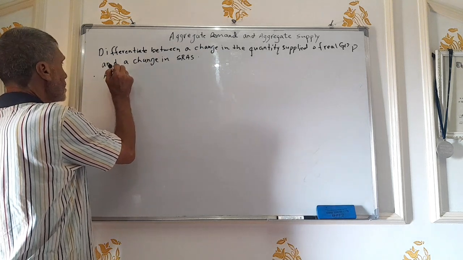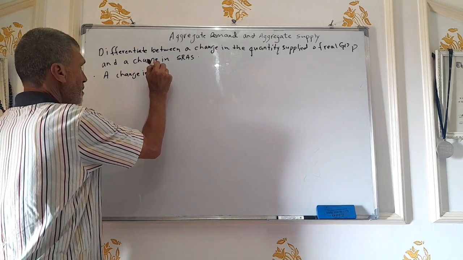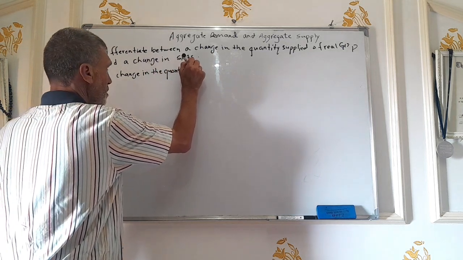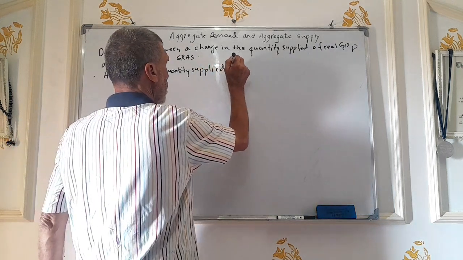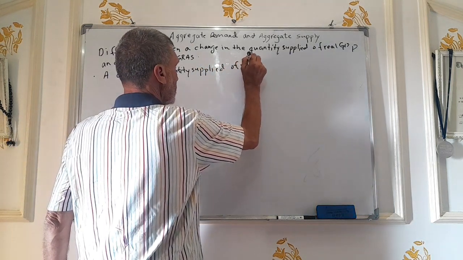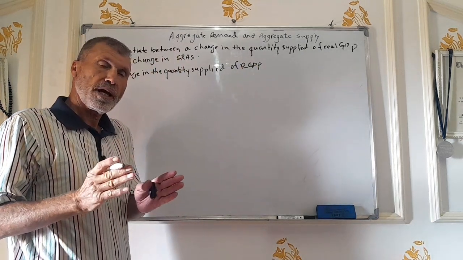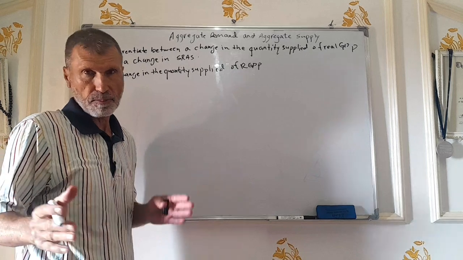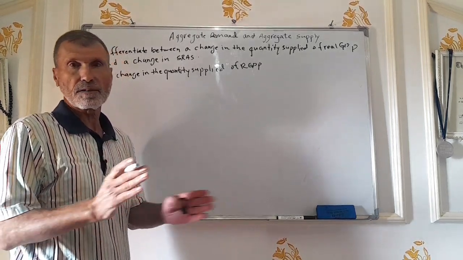A change in the quantity supplied of real GDP, of course, is shown as a movement along the aggregate supply, the short-term aggregate supply. And remember, the price level is the only factor that causes that movement.